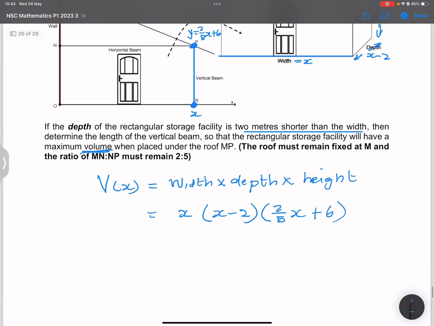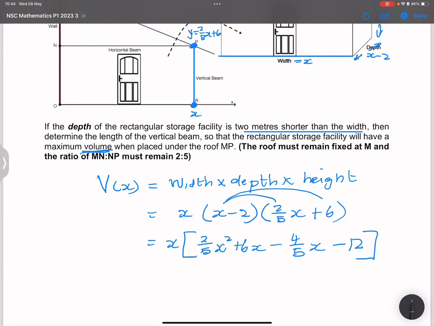So we can actually multiply throughout there. I'm going to take x into the bracket. So x times 2 over 5x will give me 2 over 5x squared. This is going to be 6x. 2 multiplied by 2 over 5, so this will be minus 4 over 5x, and this is minus 12. 2 times 6 will give us 12.